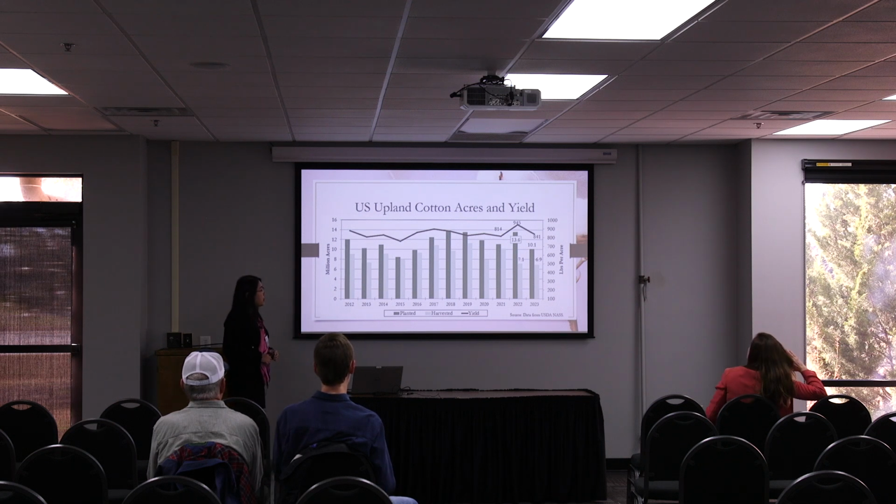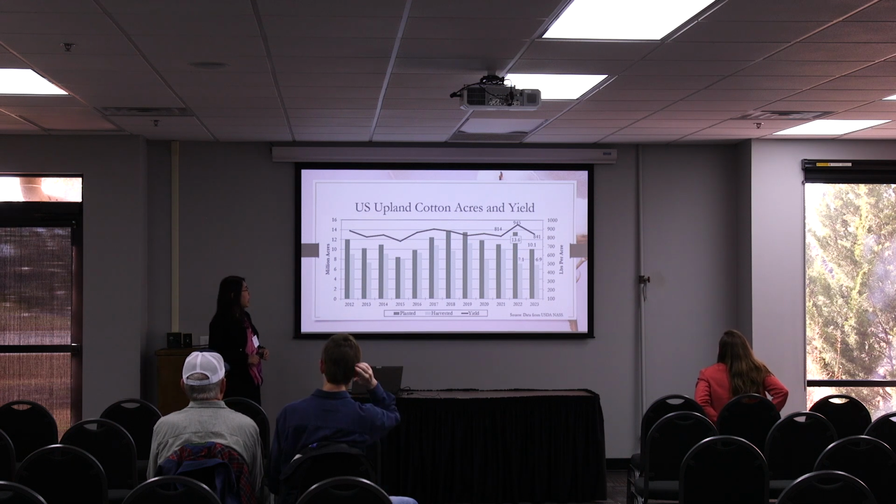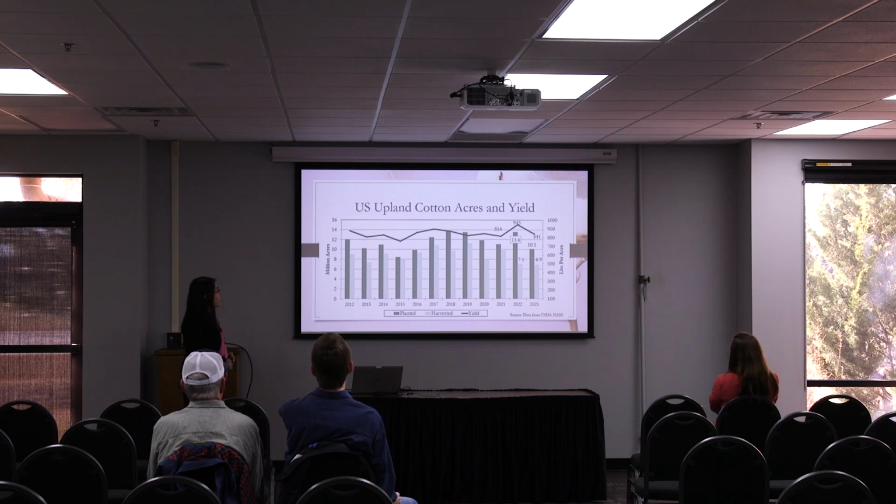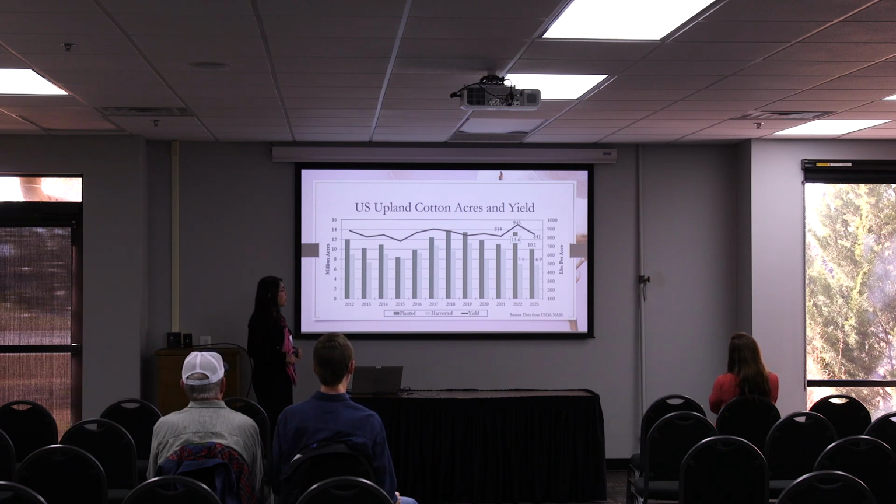We planted 10.1 million acres compared to last year, 2022, at 13.6 million acres. And the harvested acres are down as well, 6.9 million acres compared to 7.1 million acres in 2022.